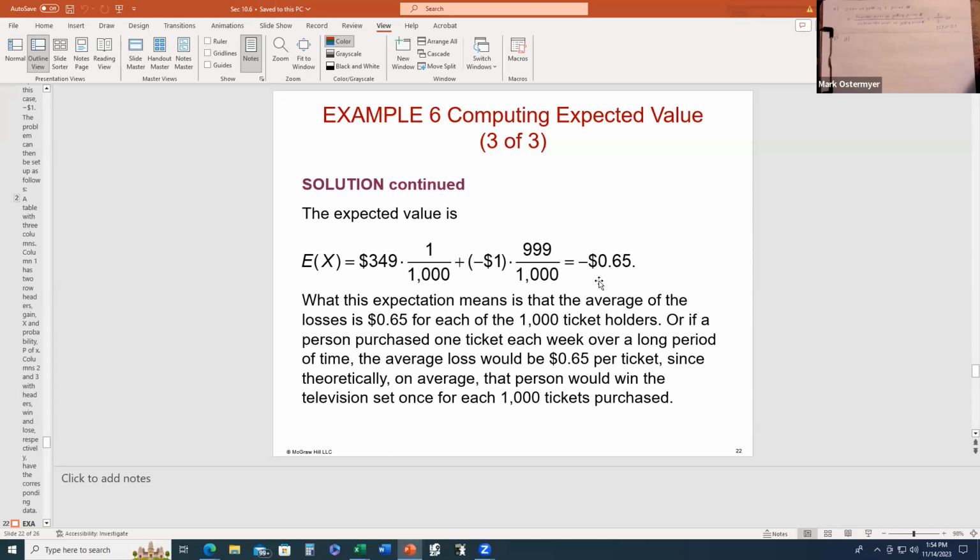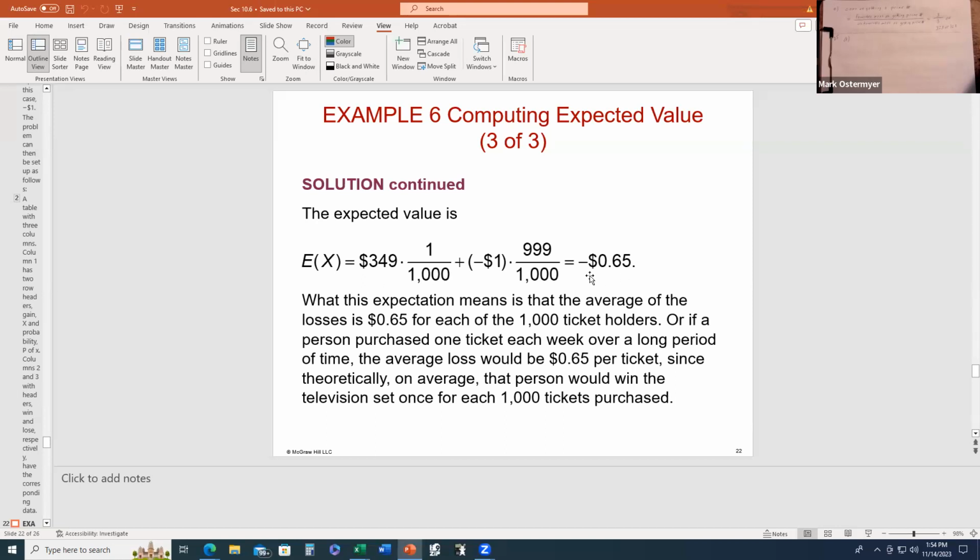If we were to play this game over and over again, many, many times, on average, per play, we would be expected to lose 65 cents. We would expect to lose 65 cents.